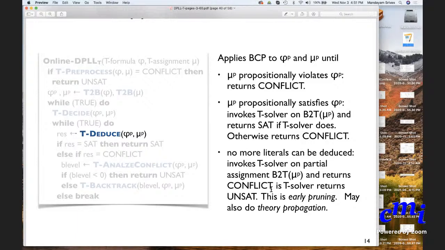You're pruning even the partial assignments which may themselves not satisfy the theory semantics, and therefore you give an early conflict if there is unsat. So even those partial assignments are pruned away early. And additionally, it may do some theory propagation by actually getting new facts. That's what it does.